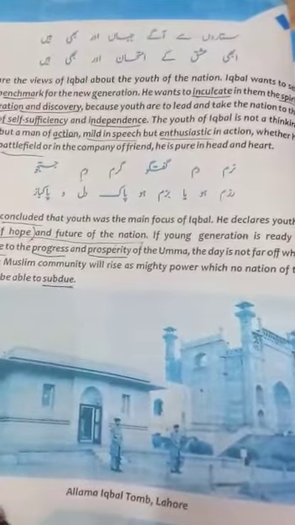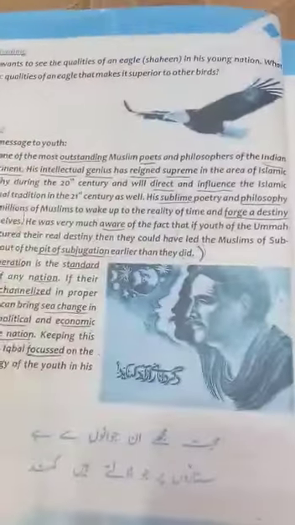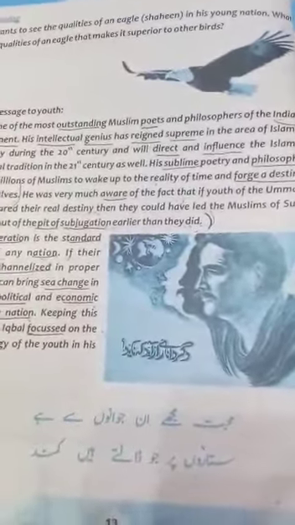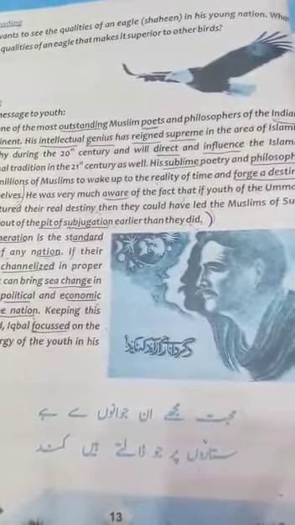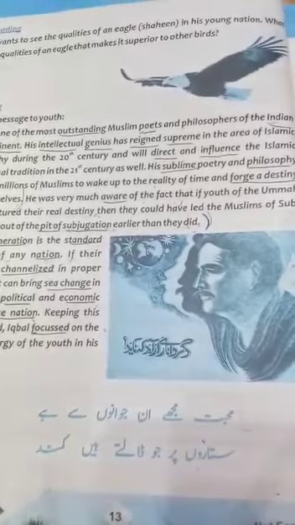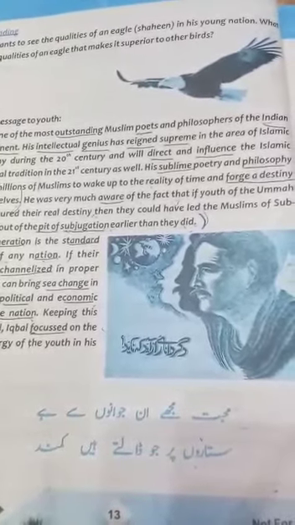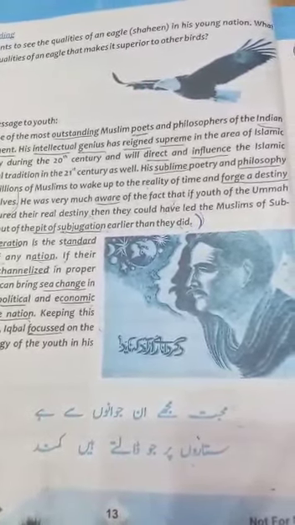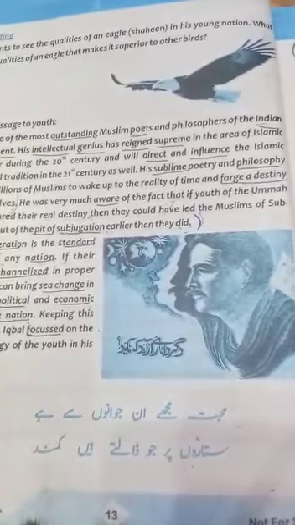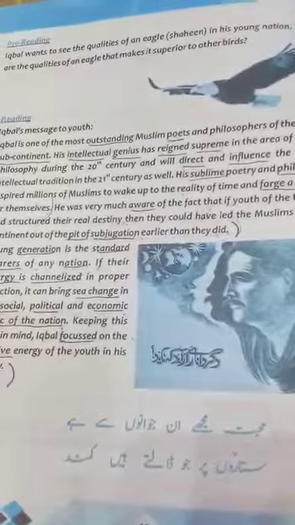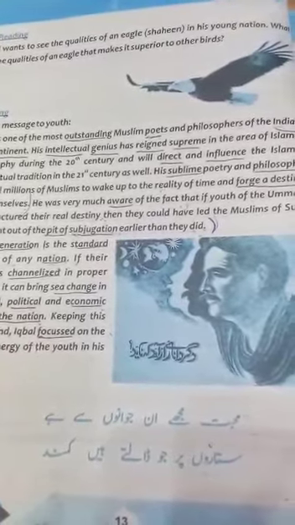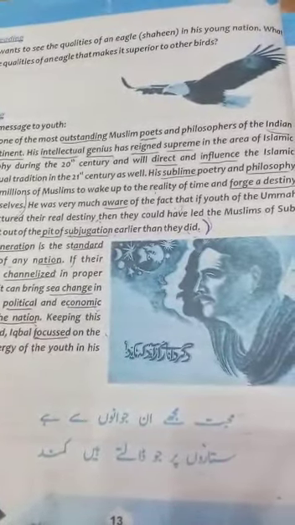Okay, dear students, before explaining these verses, I'm not going to give you a big detail of every verse. I just want to mention that Allama Iqbal has discussed the qualities of Mard Momin in these verses. And this chapter is actually about message to youth. So he wants to see his youth a perfect Mard Momin.